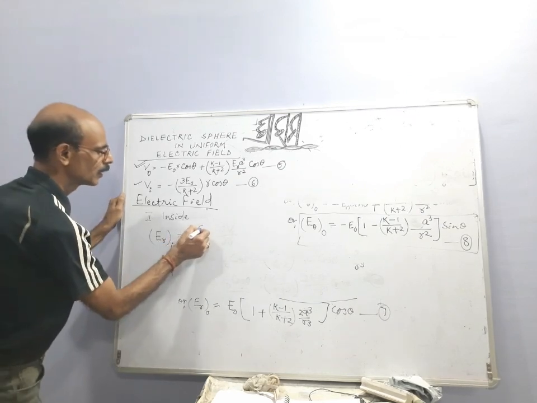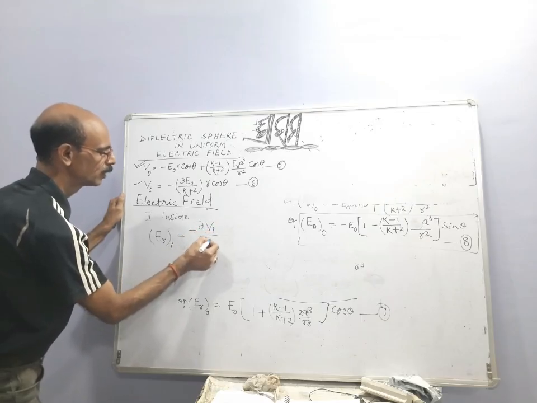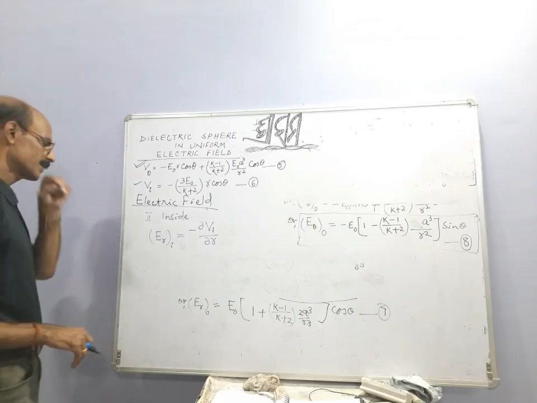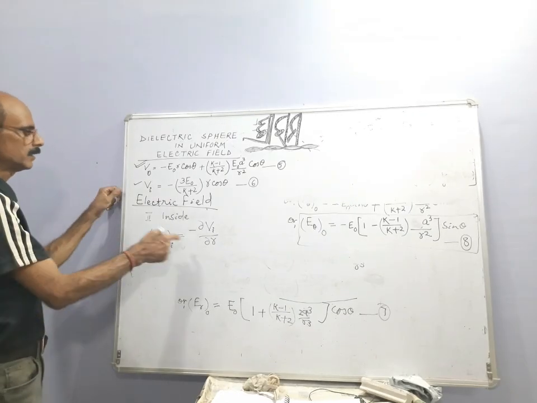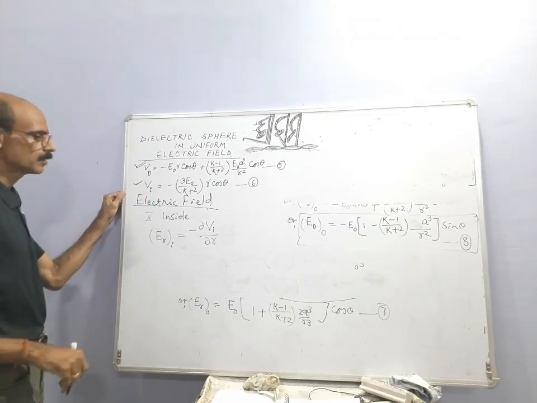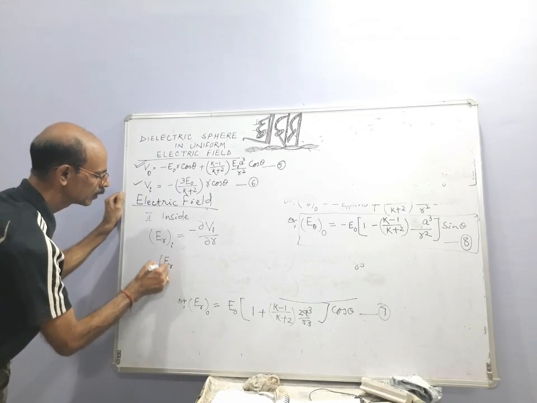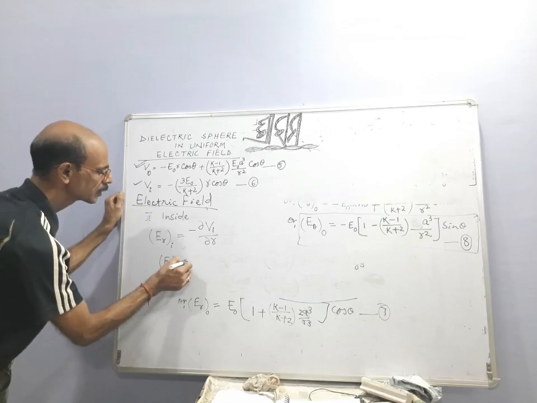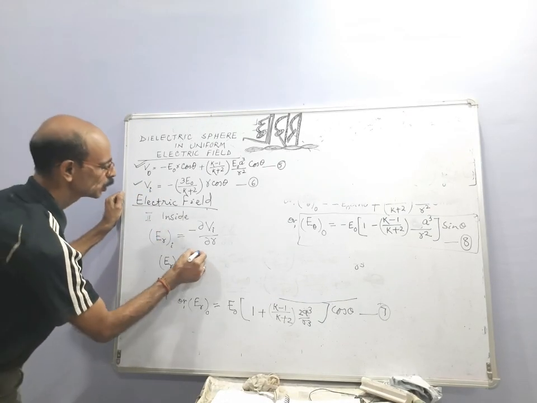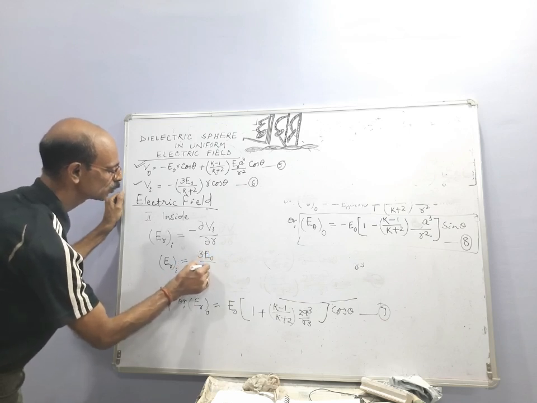Then it is the negative potential gradient, and since it is inside, we will take the inside expression. So E_r i is equal to, this minus minus become plus, so 3 E0 by (k plus 2).